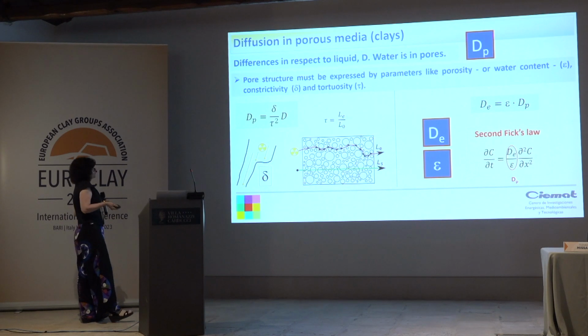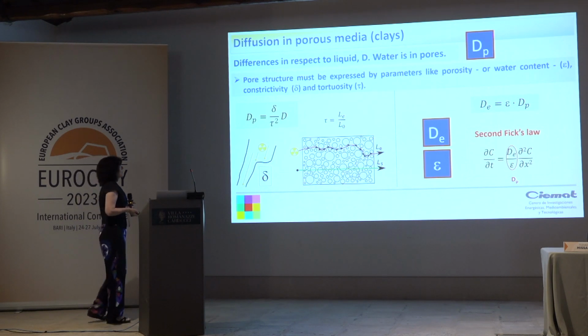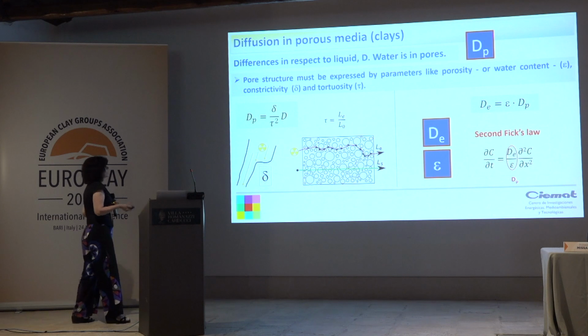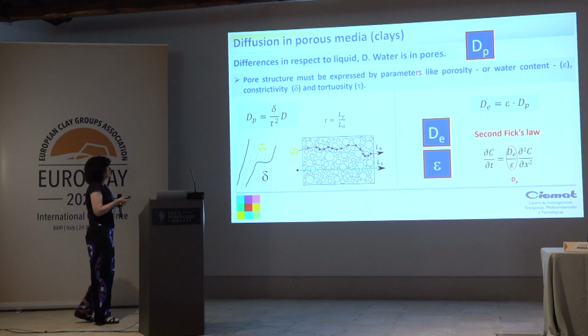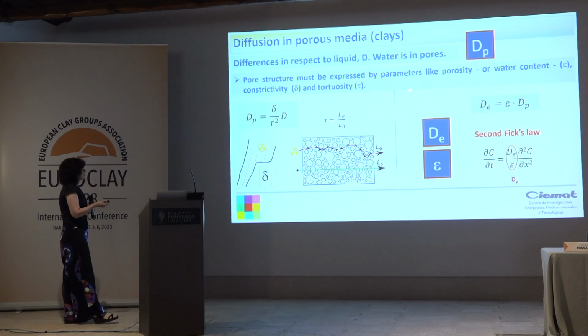But obviously, when we have a porous medium such as a clay, there is a difference with respect to the liquid, because we have to consider that diffusion is not in free water, but in the water contained in the pores.